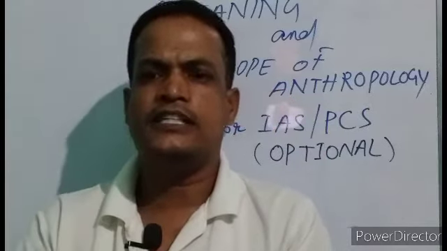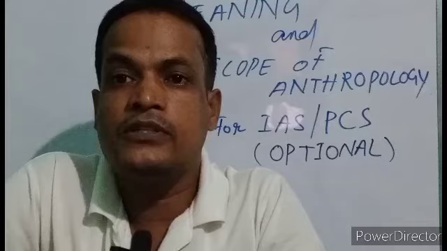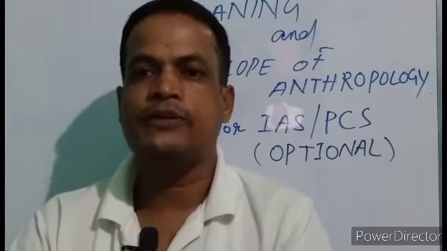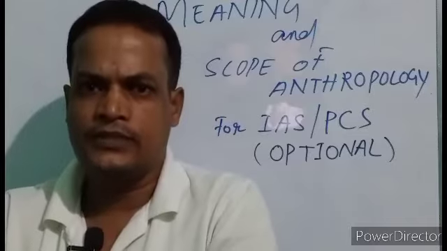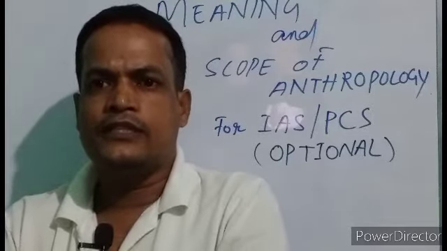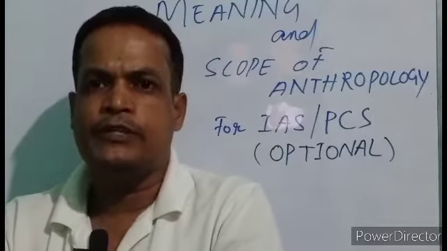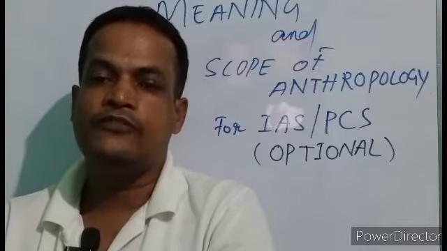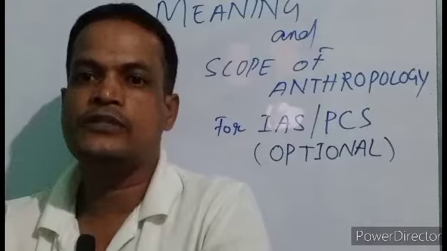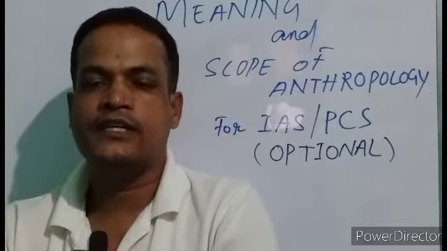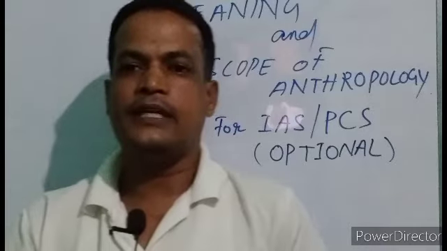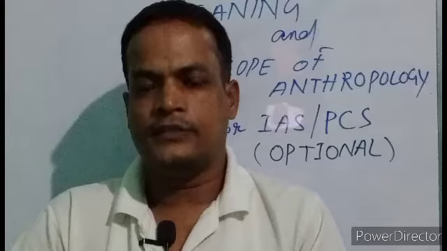It also studies the evolution of civilizations, culture, and economic aspects, how the primitive economy, culture, and society were there, the primitive people. It's very interesting. We are starting from the origin and evolution of human beings, society, culture, and civilization.